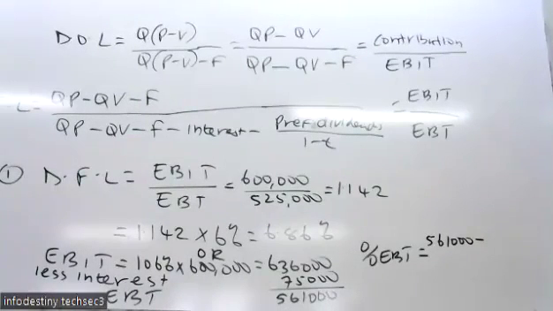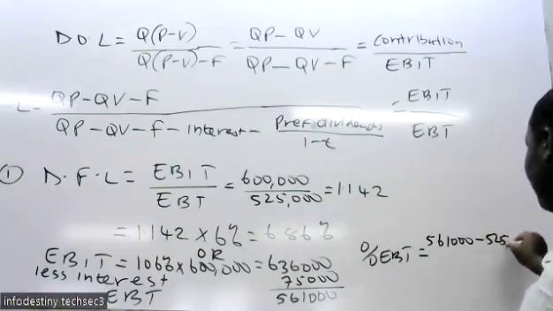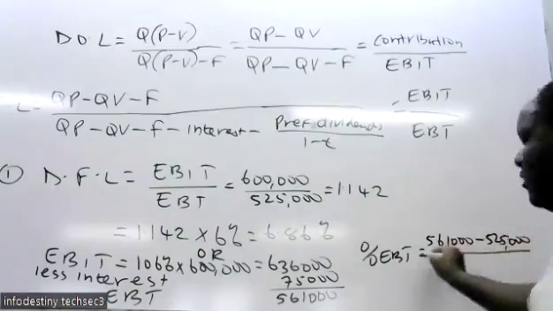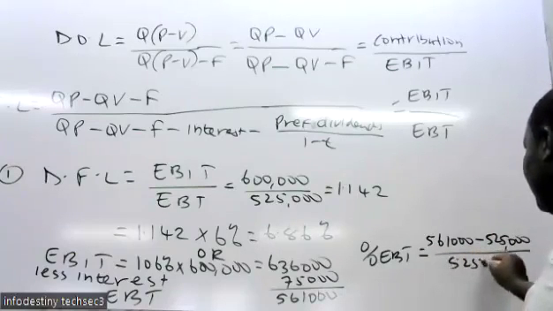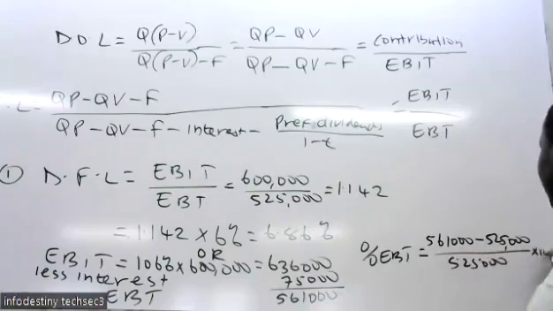It was 525,000. So also divide by the 525. Then express it as a percentage. So when you express it as a percentage, what percentage will it be?